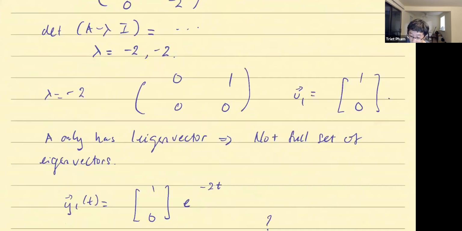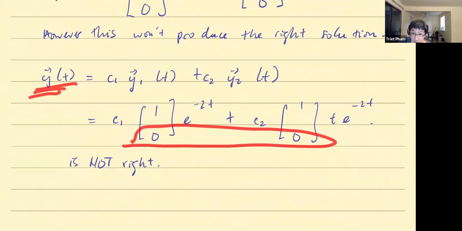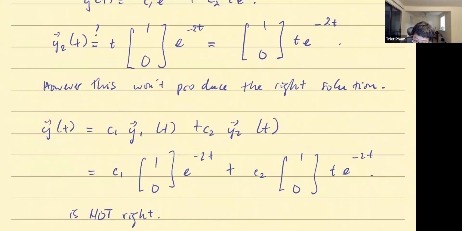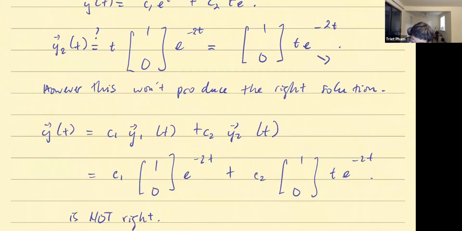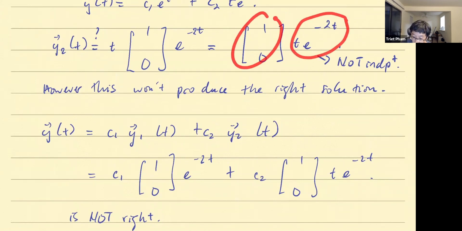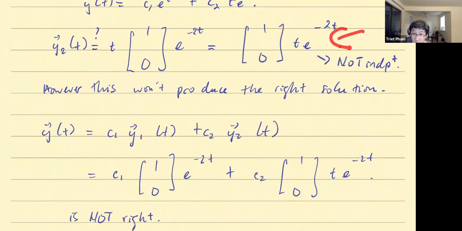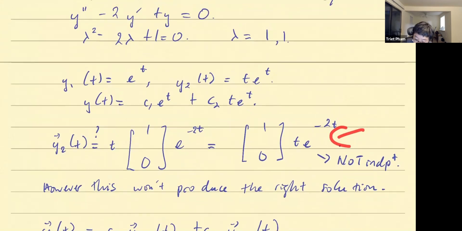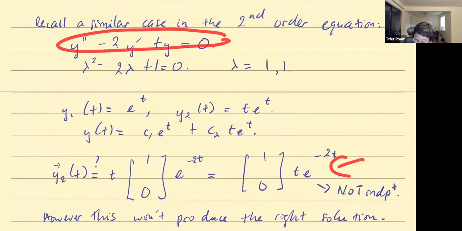So in the vector notation, this will not produce an independent solution, because, roughly speaking, you are multiplying with the same vector, just with a different scalar. With the second order ODE, this and this are actually different.